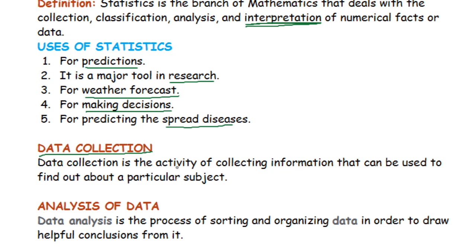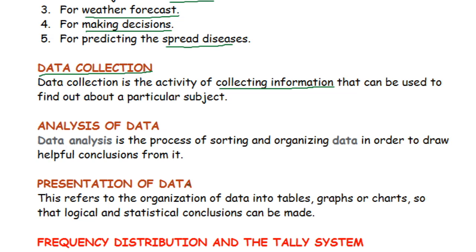So data collection is the activity of collecting information that can be used to find out about a particular subject. Now when you are done collecting the data, the next step is to analyze the data. So for short, it is called data analysis. So data analysis is the process of sorting and organizing data in order to draw helpful conclusions from it.